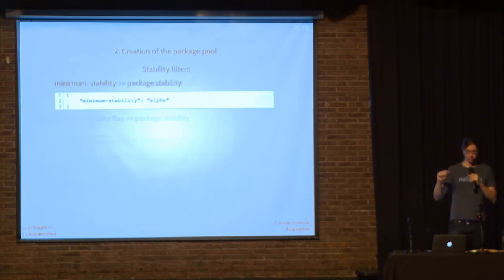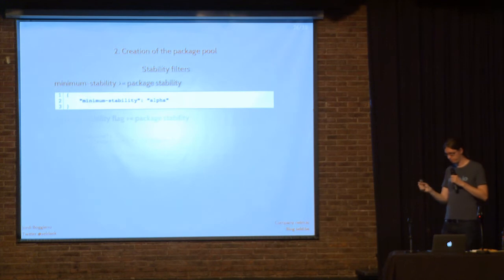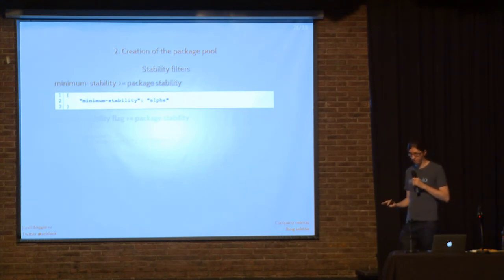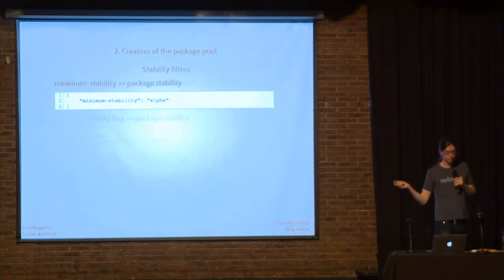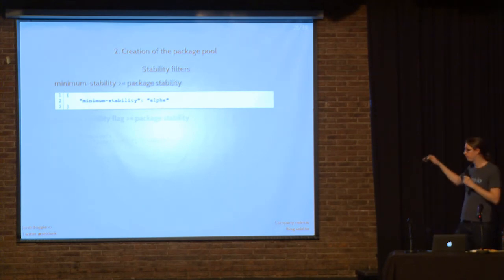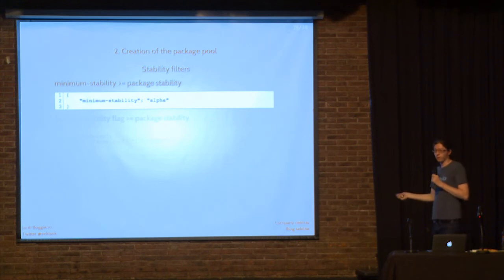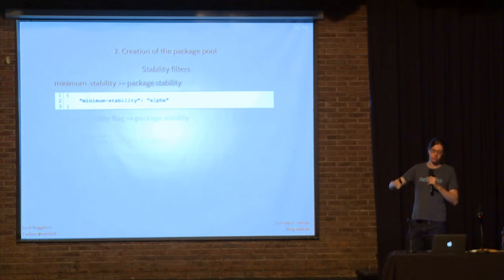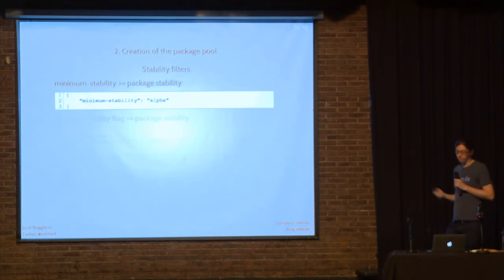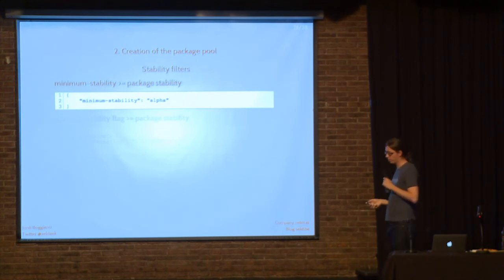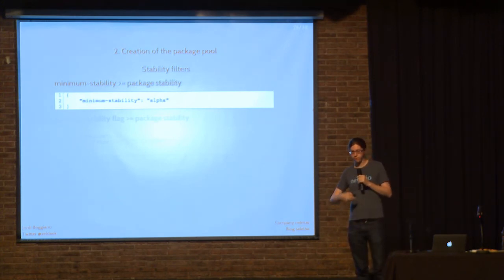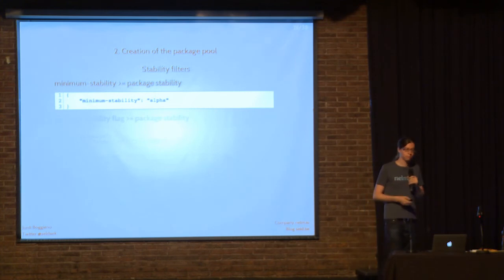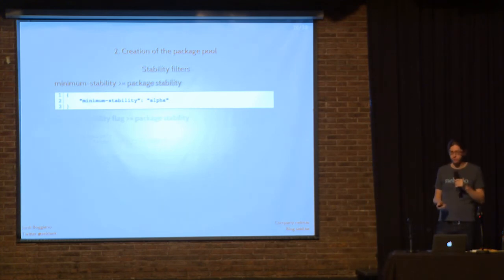If there is an -alpha or -beta or -rc after it, it's not stable anymore. If you want, you can lower this to include all the alpha packages, and if you include alpha, it means you include RC, beta, and alpha. And if you put dev, you'll include everything. Obviously that means you can use more bleeding edge packages, but that also means you will bleed at some point.